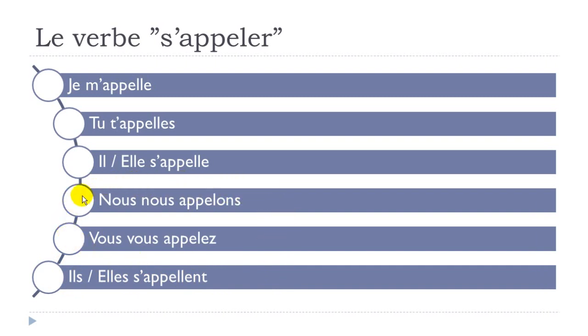Okay, so one thing that you should remember: here for nous and vous, we've got only one L, like in the infinitive form. So that's the reason why I've been pronouncing appelons, and then appeler.